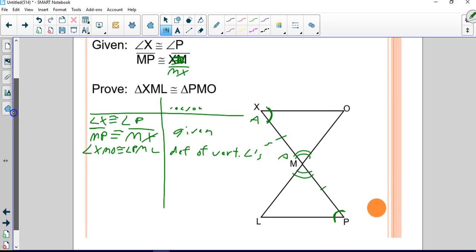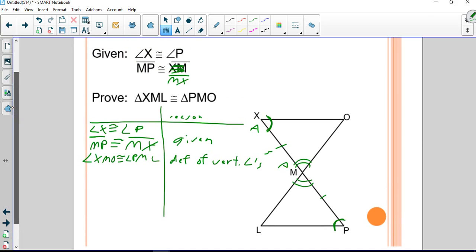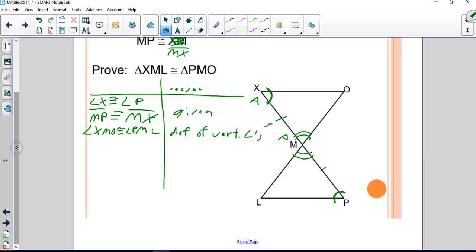So, we were given an angle on the outside, we were given the line, and we just proved the angle in the middle, the inside, the center. So now we can say that triangle XOM, this is a typo up there because there is no triangle XML.